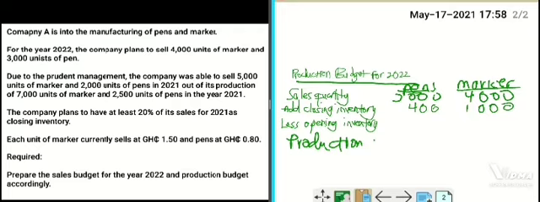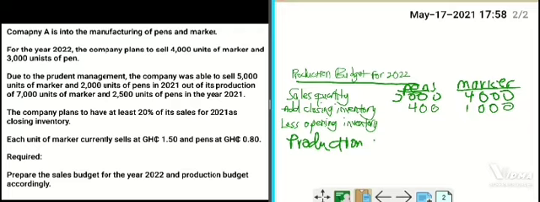So if we produce 7,000 units of marker, but then out of this we sold 5,000, that means we had 2,000 units of closing inventory for the year 2021.